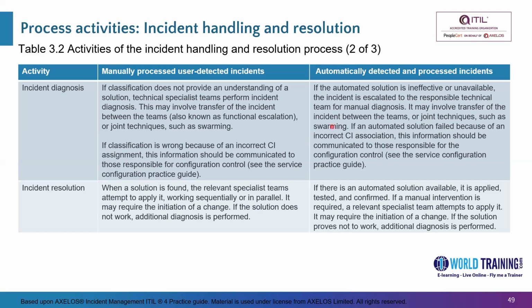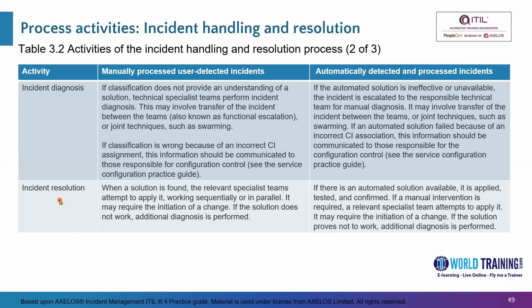It's again possible that the initial escalation may lead to a second escalation to another team and so on, even in the case of automatic ones where the solution was ineffective or unavailable from the automated system. And when the solution failed because of incorrect CI association, then, as we learned earlier in the manual case, the same would be communicated to those responsible for configuration control and management.